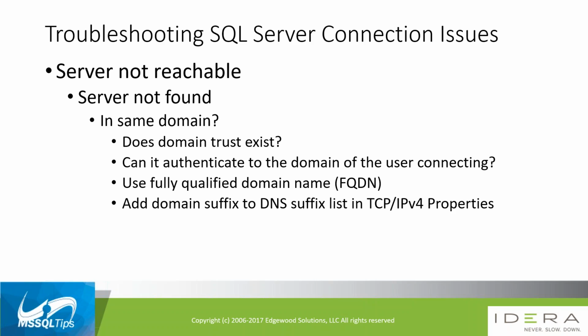So if you connect via the fully qualified domain name, some of the replication tools won't work for you. Like if you open up the replication monitor, it's going to throw an error saying you have to use the machine name. So in those cases, like with replication, you absolutely have to add the domain suffix to avoid using the fully qualified domain name.